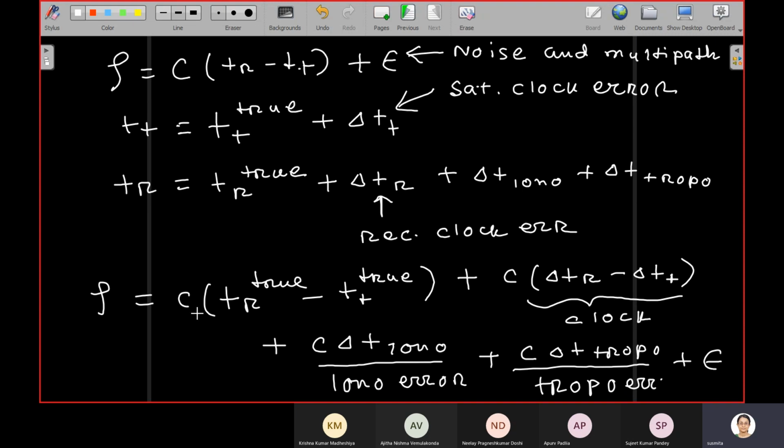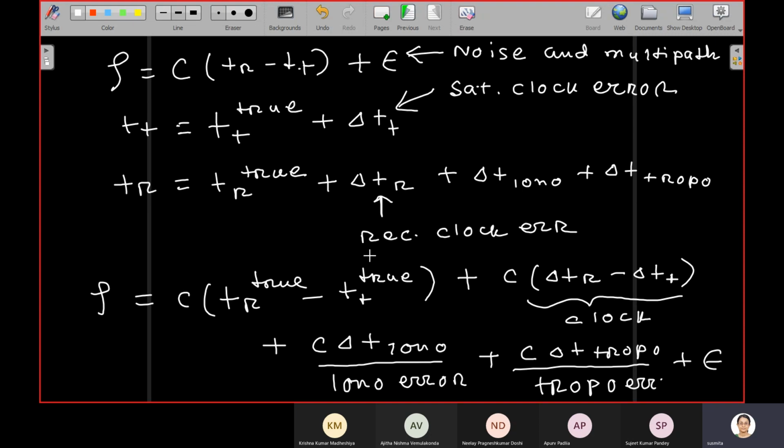Of all these, we are actually interested in this, and this can be corrected using the navigation data. Navigation data has information about the satellite clock error, so this is corrected by the receiver by decoding the navigation data. This is an unknown. The receiver wants to estimate this, and then we are actually interested in this part.